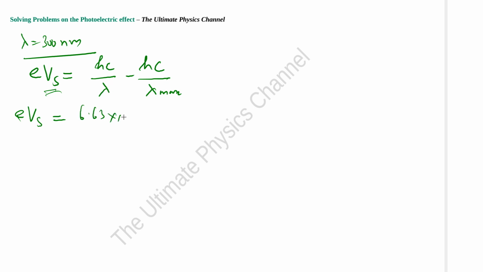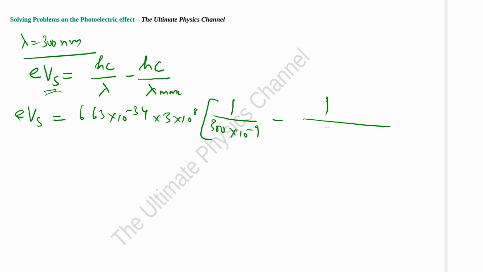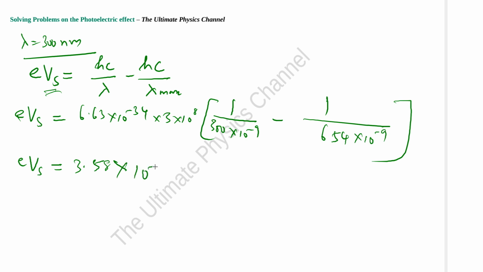So 6.63 into 10 power minus 34 times 3 into 10 power 8, times 1 over lambda inside this thing, that is 300 into 10 power minus 9, minus 1 over lambda max, which we have calculated in the previous stage as 654 nanometers, so 654 times 10 power minus 9 there. eVs, if you do the math, you will get 3.58 times 10 power minus 19.